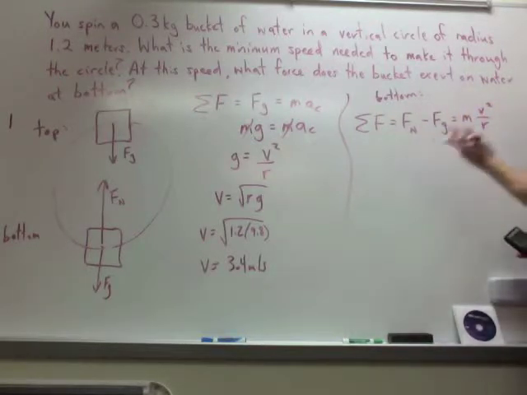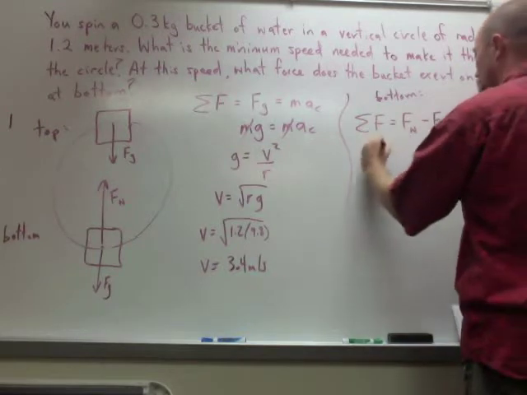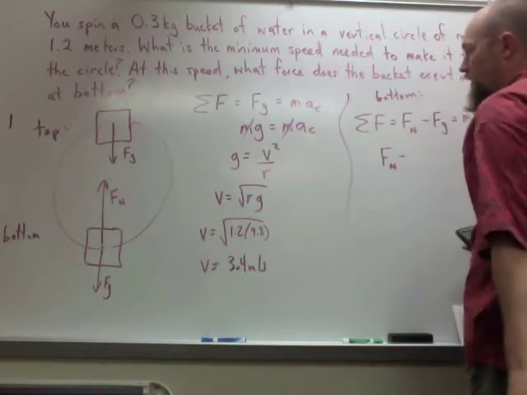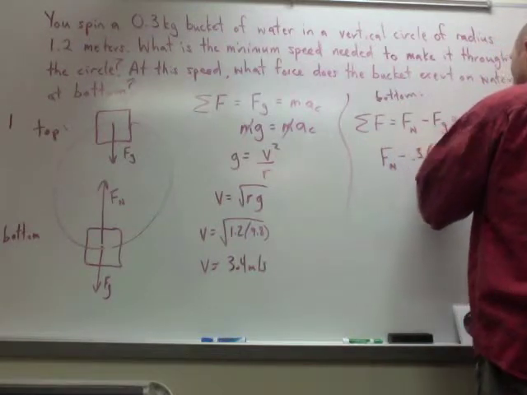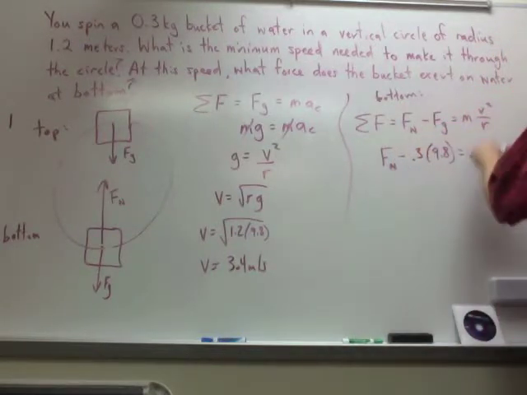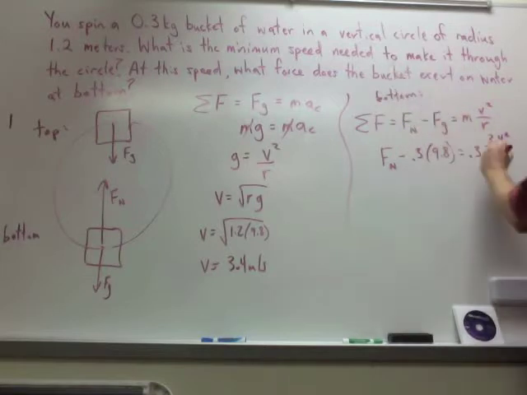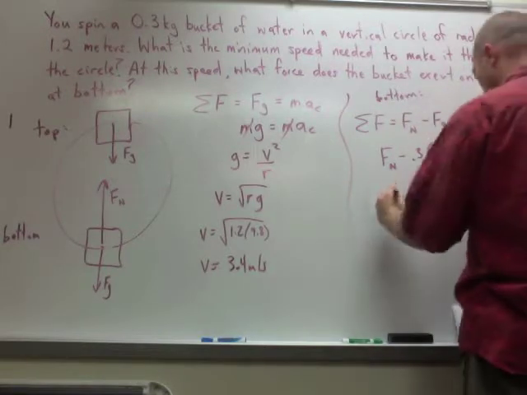If I plug my stuff in, I'm looking for Fn minus 0.3 times 9.8, because that's my Fg, equals 0.3 times v, which is 3.4 squared, over my radius of 1.2.